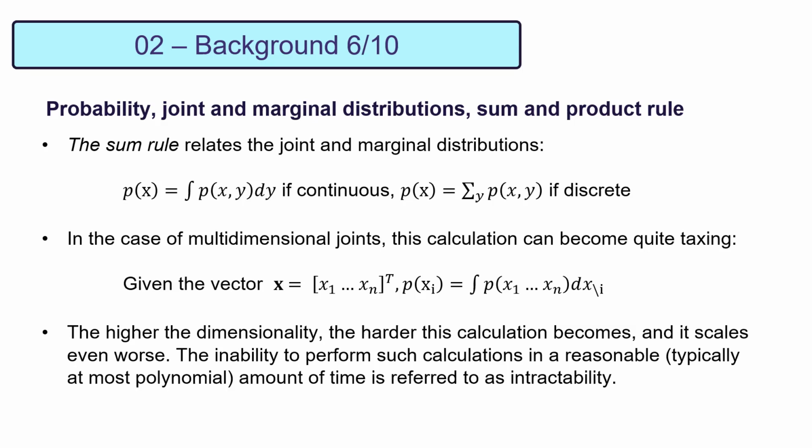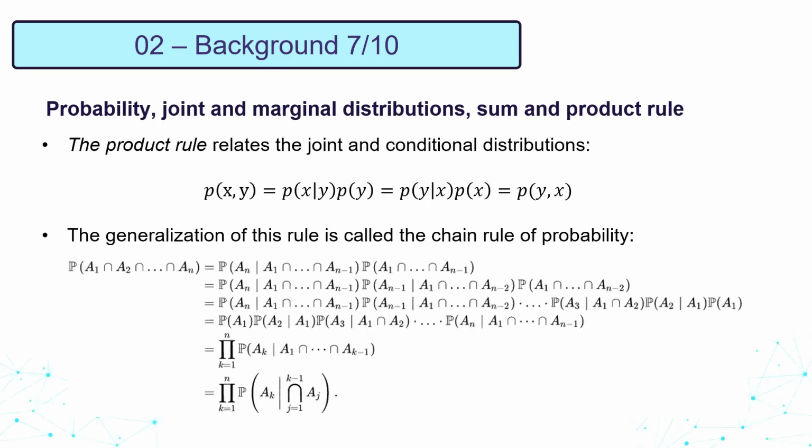Okay, so the sum rule basically takes the joint and sums over one of the variables, and you get a marginal. The product rule is what relates the joint and conditional distributions. It says that if you have a joint distribution P of X and Y, then you can express it as the product of the conditional distribution P of X given Y times the probability of Y itself, so the marginal.